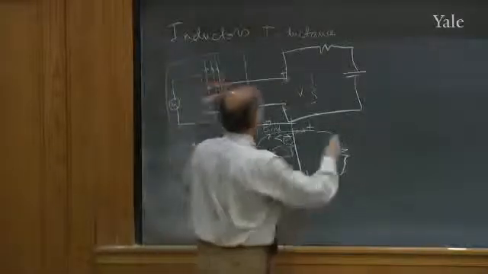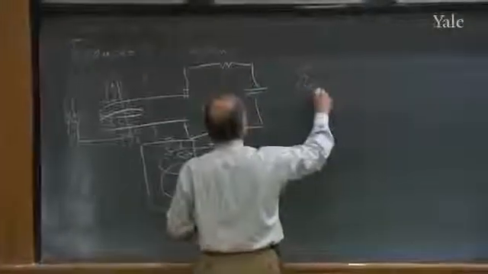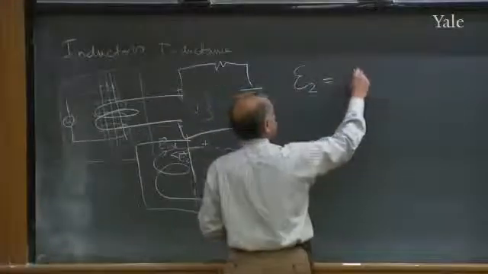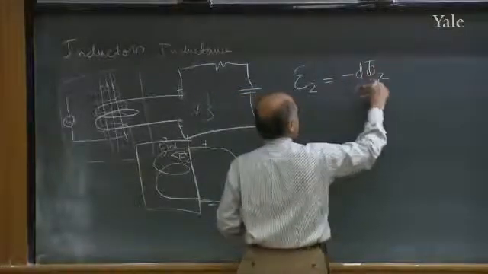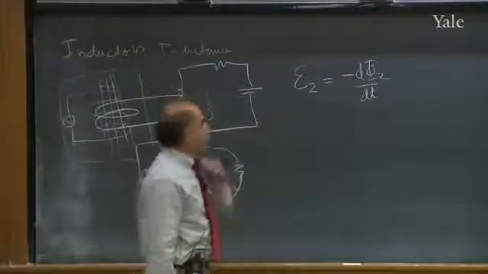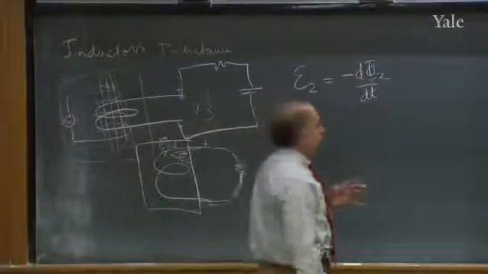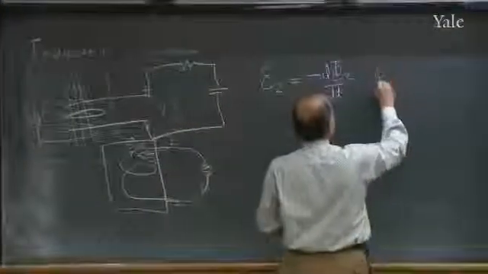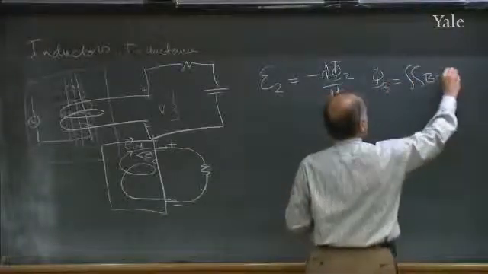Now, we saw that the EMF in the second coil is equal to d by dt of the flux in the second coil. You've got to be a little careful about flux. Normally, the flux due to the magnetic field is defined as the integral of B dot dA.